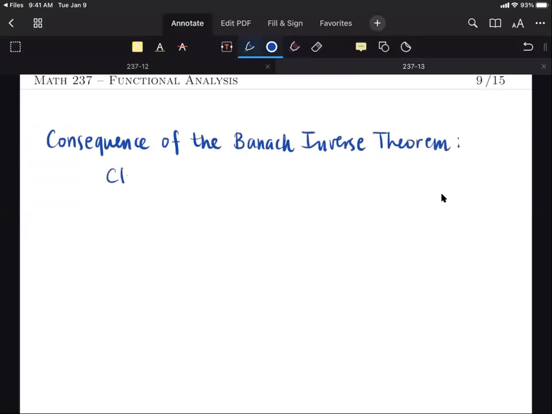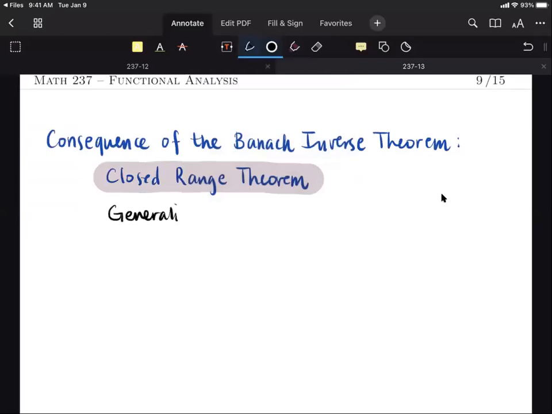This is the so-called closed range theorem. I will not state here the precise formulation, but the main idea is this will generalize, okay, under some conditions, of course.